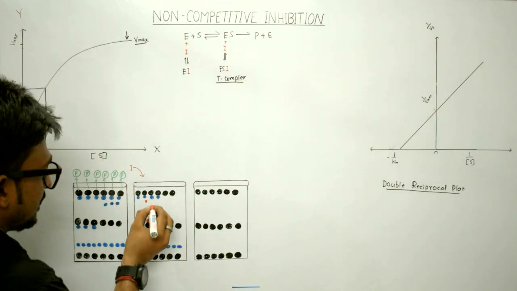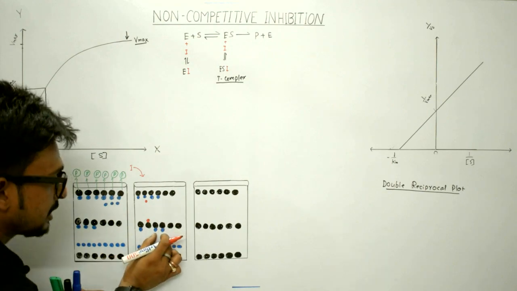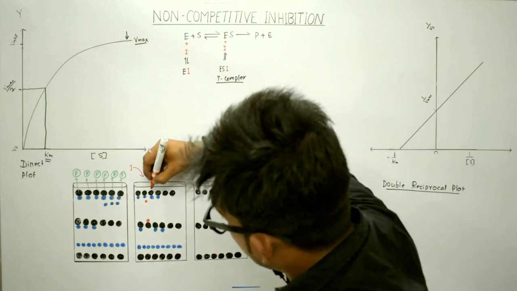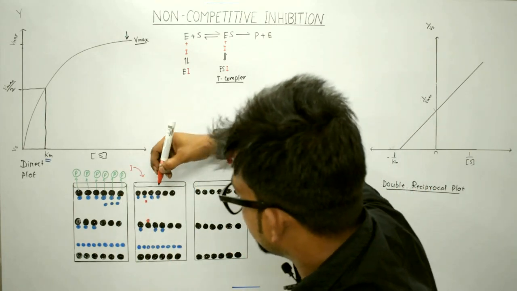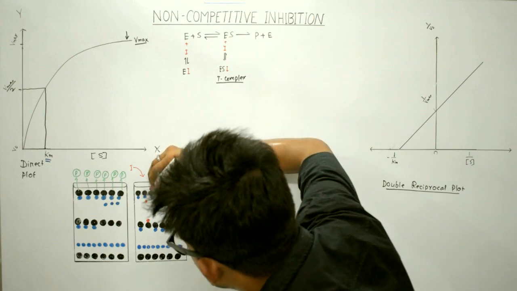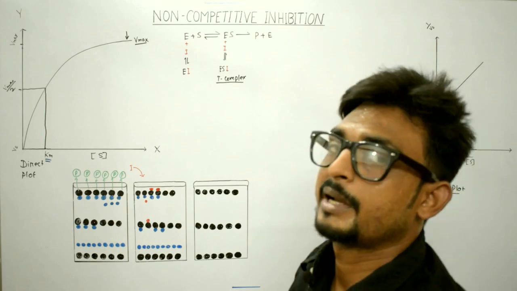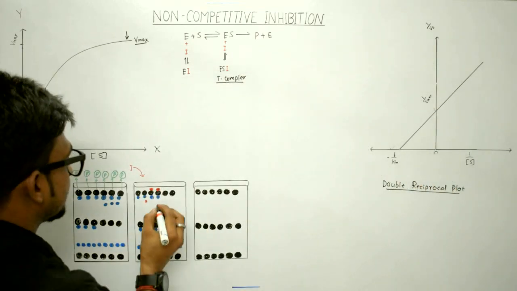Now I am talking about these two enzyme substrate complexes, not this one. Here, as the complexes are formed, the inhibitor can also bind, and the rest of the enzymes are saturated with substrate.